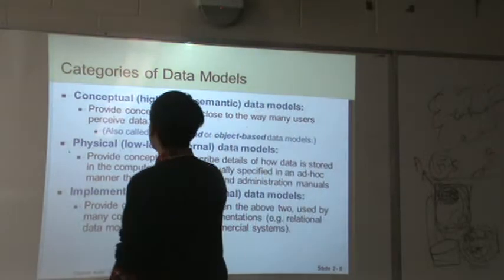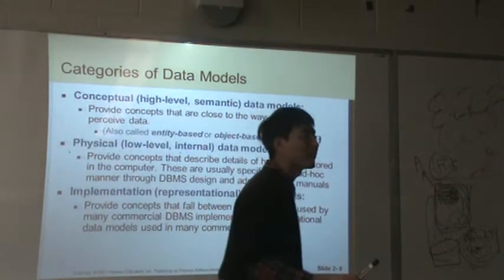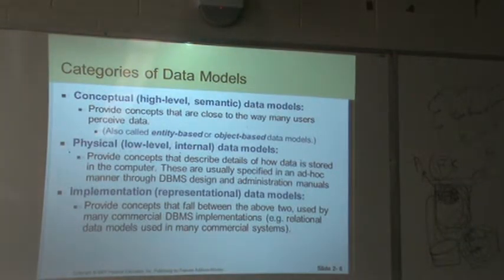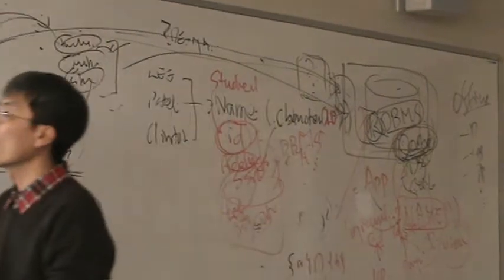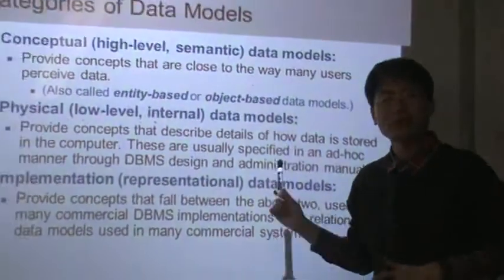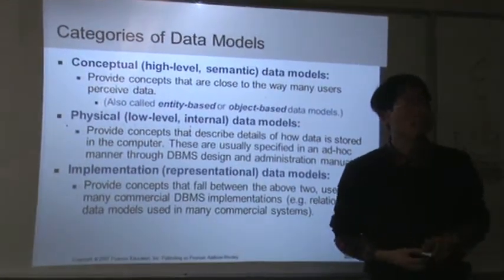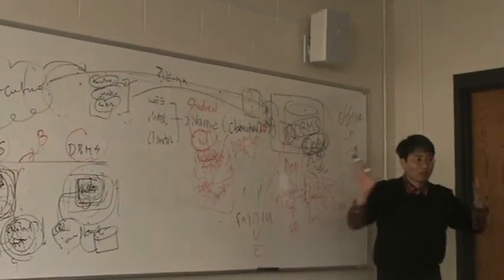Then, on the other hand, the physical model is the data model based on this information to create the data on your database. It's called the low level, internal level database model. Depending on how you store the data, performance will be different.